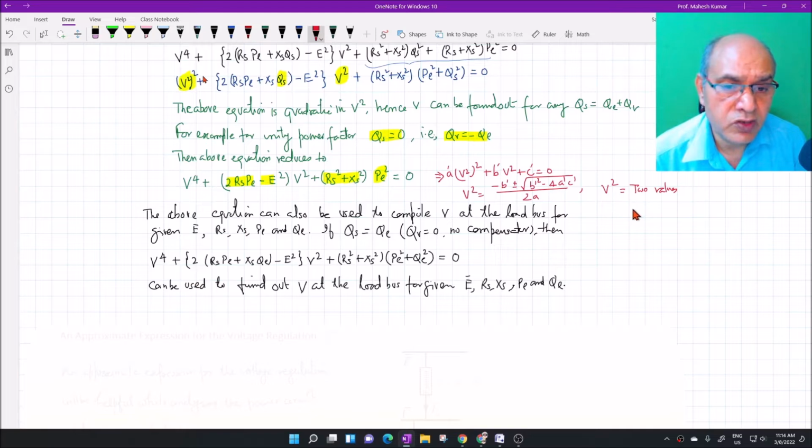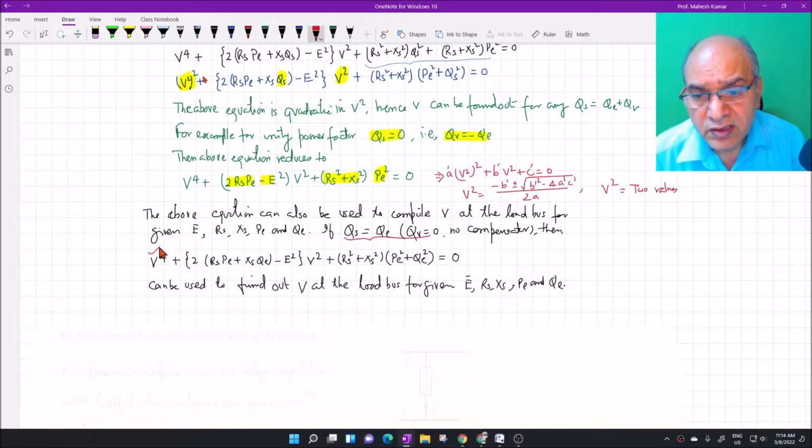That we will see when we solve an example to understand this concept. So the idea is that you can substitute any value of QS that you want, to design to control the power factor at the load bus, and accordingly you can find out the value of B. That B will be the resultant voltage. You cannot have control over voltage, but you can have control over QS or Q gamma.